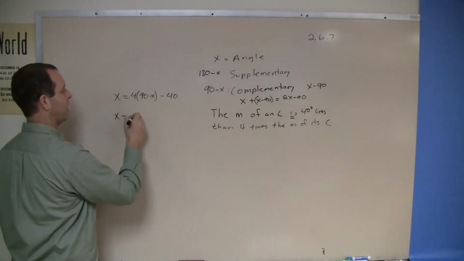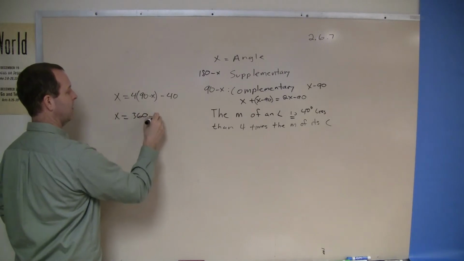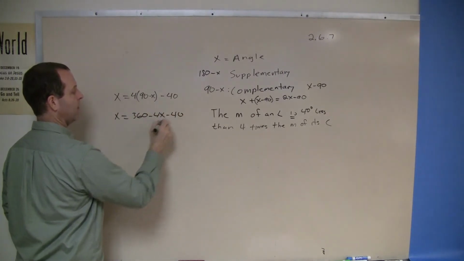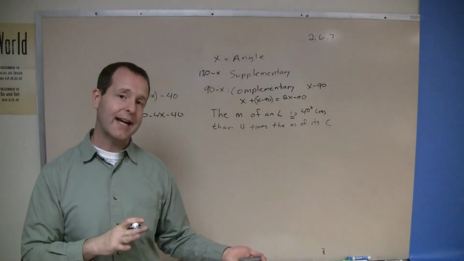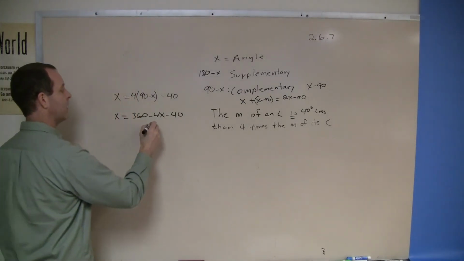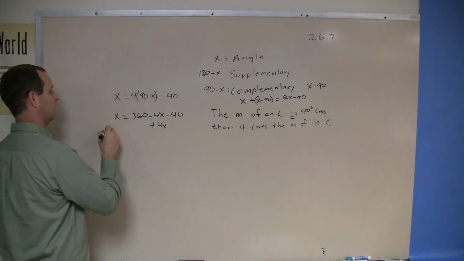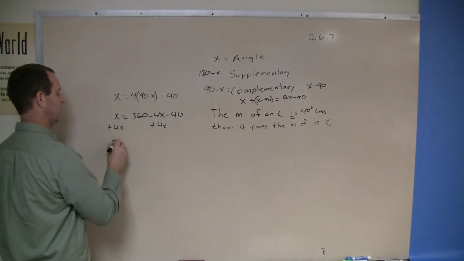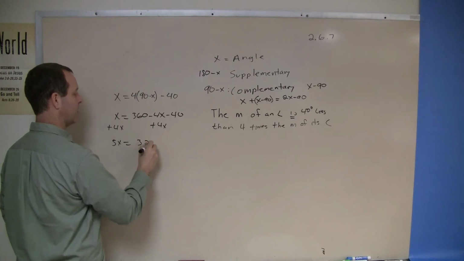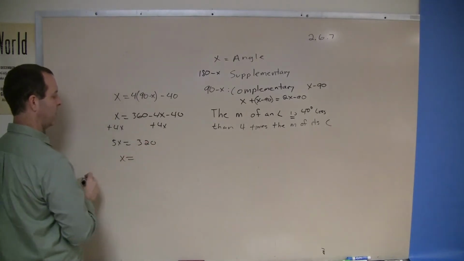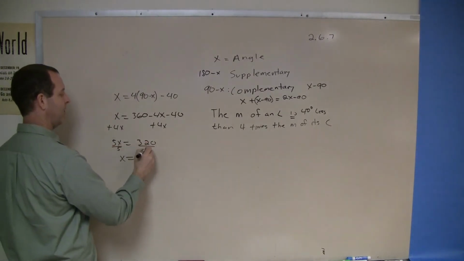x equals 4 times 90, 360, minus 4x, minus 40. In this process, I want to get the x's together, so add 4x to both sides. 360 minus 40, I'm left over here with 320 on the other side. Solve for x by dividing both sides by 5.